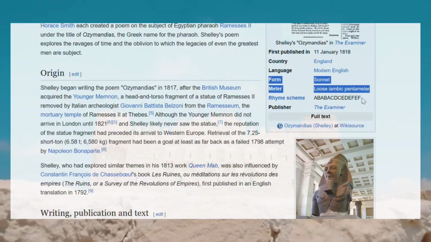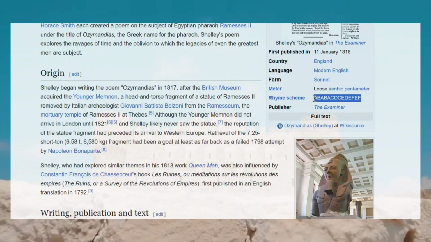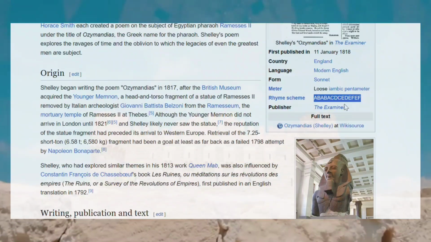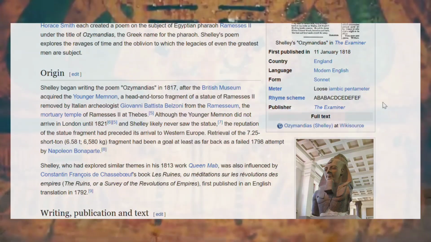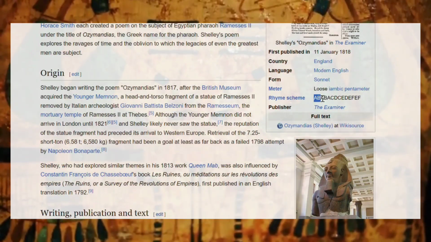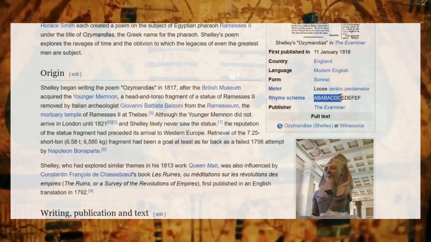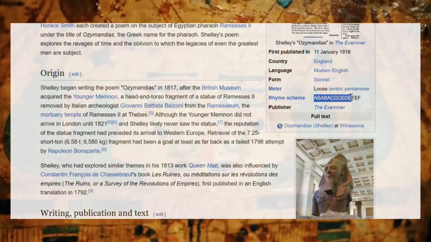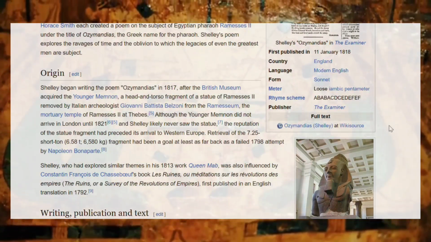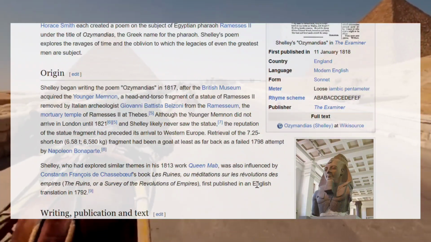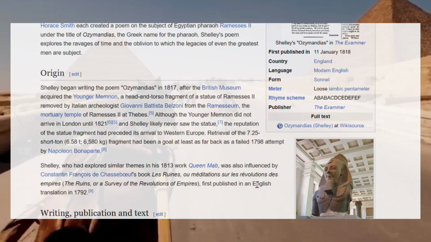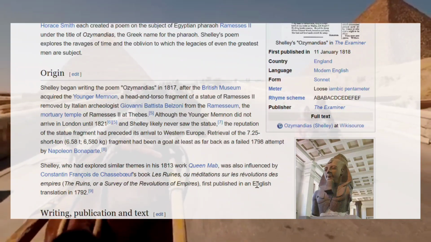The rhyme scheme here is ABABA, CDC, EDE, FEF. Once again, ABABA, CDC, EDE, FEF. This unconventional structure hints at the theme of decay and transformation present in the poem itself.